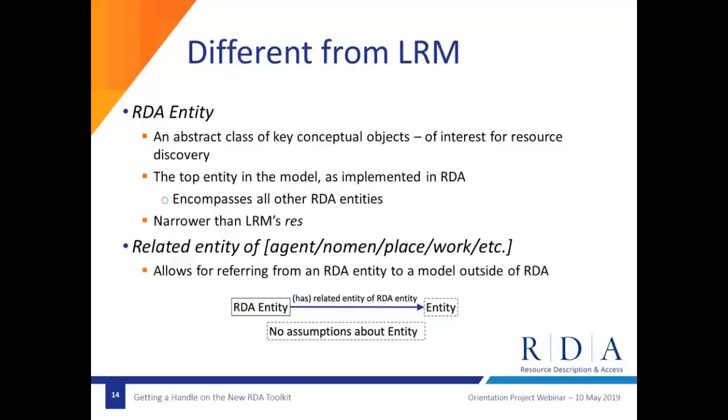It encompasses all of the RDA entities. However, we've created a related entity of, and then related entity of agent, related entity of nomen, and so forth. This allows for referring from an RDA entity to a model that's outside of RDA. So it points out, and there are no assumptions about what you are pointing out of RDA to.